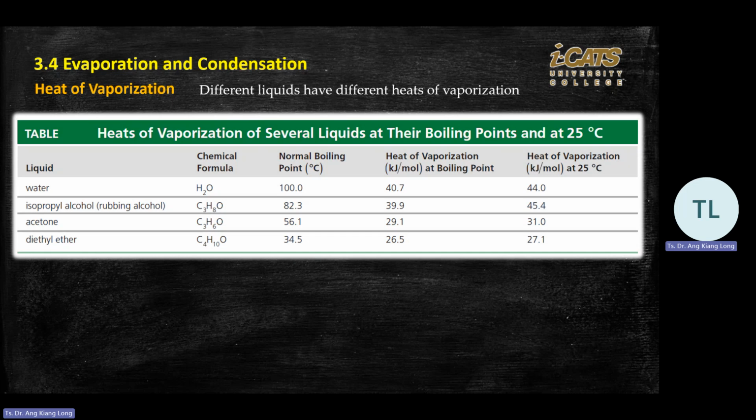Sometimes the statement will give you 25 degrees C, but the final answer will ask you at boiling point. The delta H here is different: a different temperature, a different heat of vaporization. Just take note.